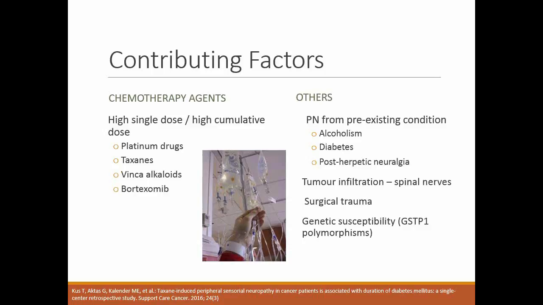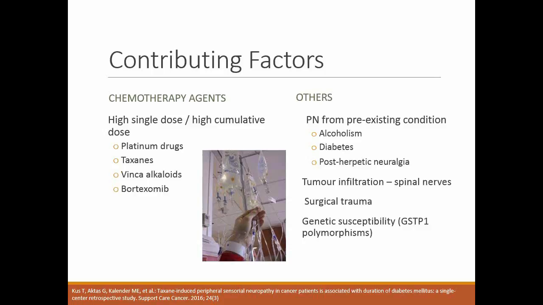There is a study that shows that people with a 5-year history of diabetes prior to the onset of cancer show a significant risk of getting chemotherapy-induced peripheral neuropathies. Other factors: tumour infiltration to the spinal nerves, surgical trauma, and interestingly, genetic susceptibility.